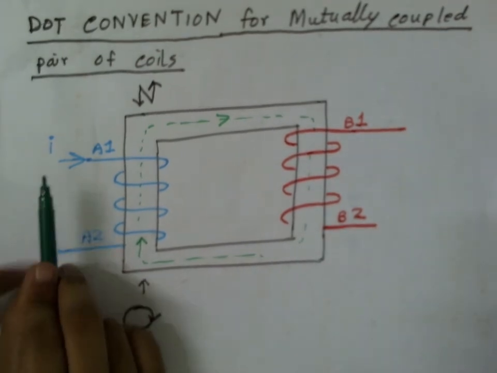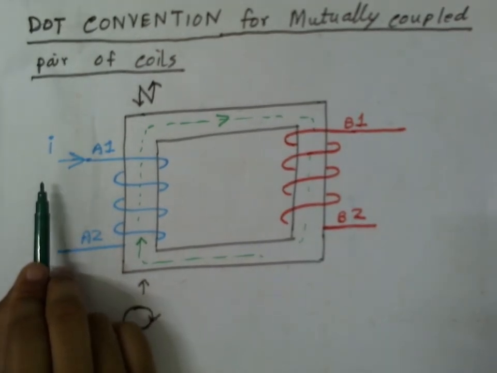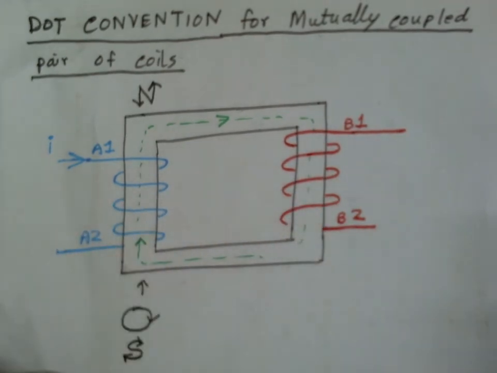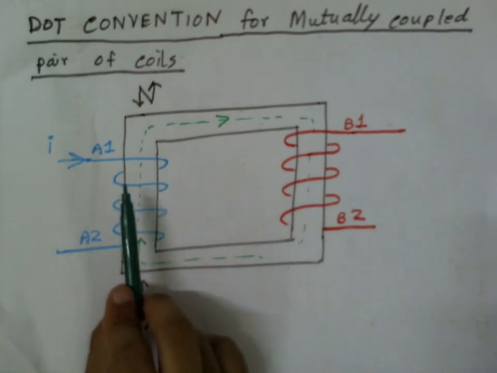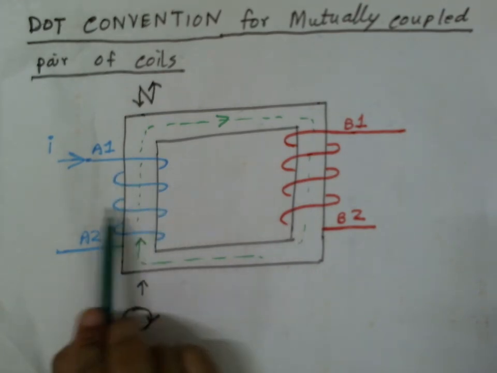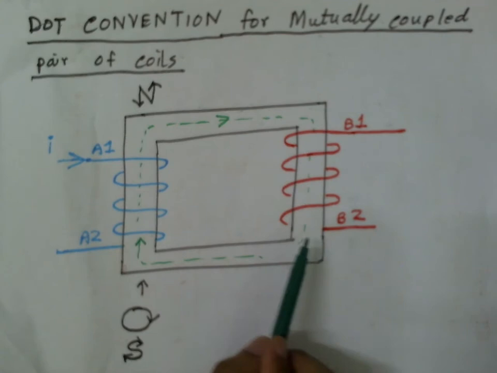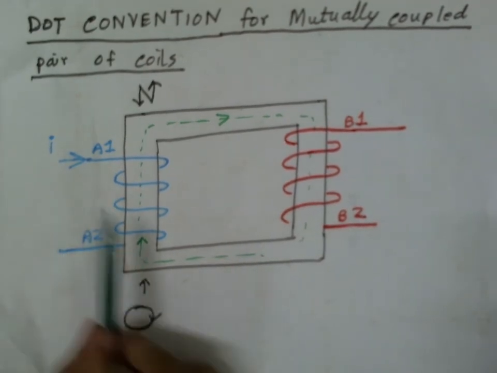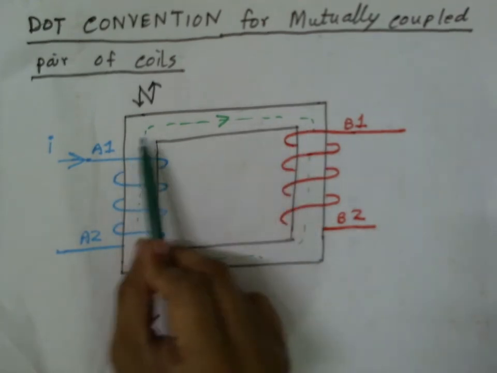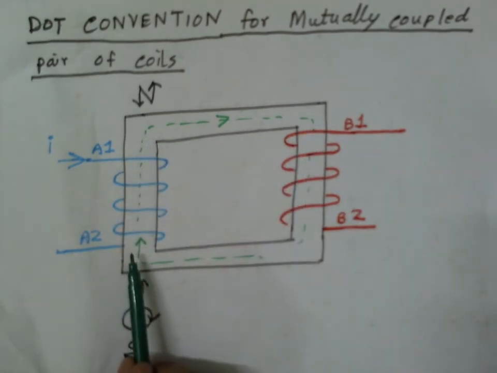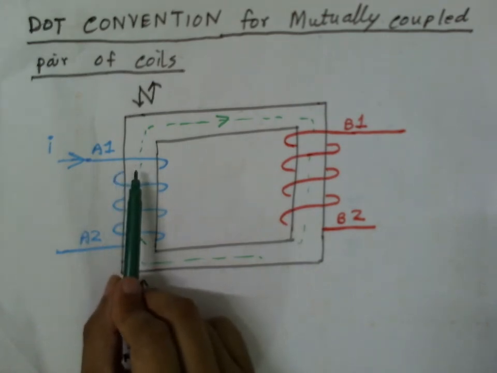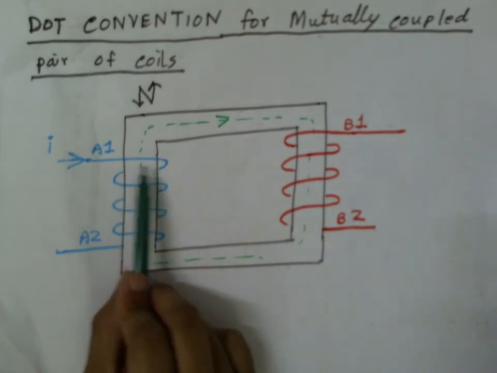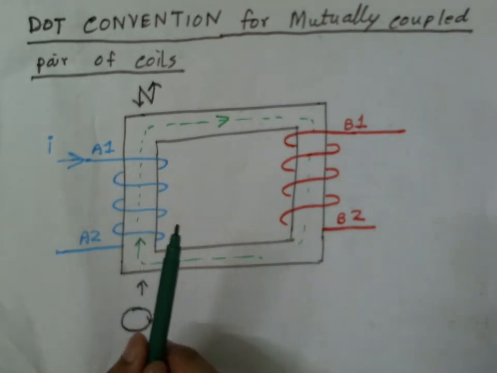Now if this current I is a constant current, then this flux is also constant, and if the flux is constant, then no EMF is induced in any of these coils. However, if this current is changing, then the amount of flux also changes, and that changes the flux linkage of these coils, and EMF is induced in these coils.